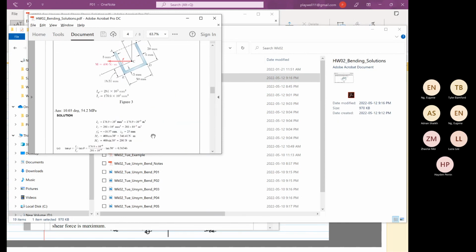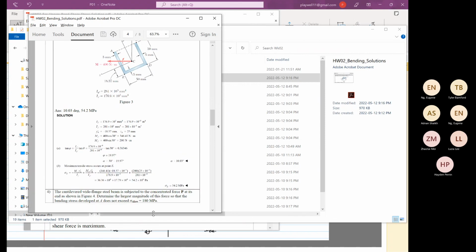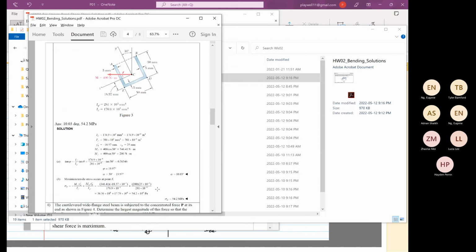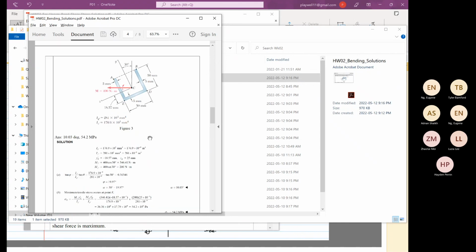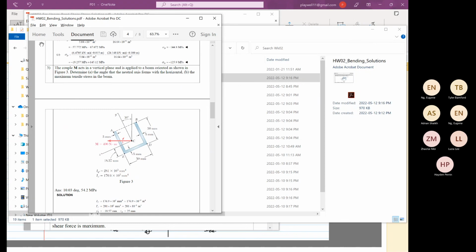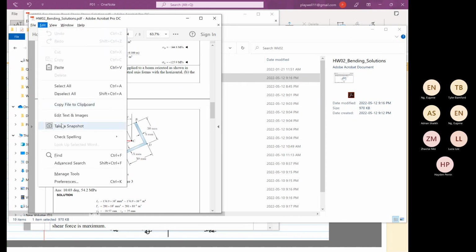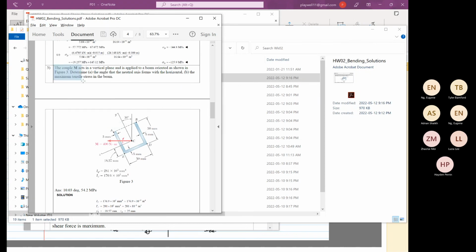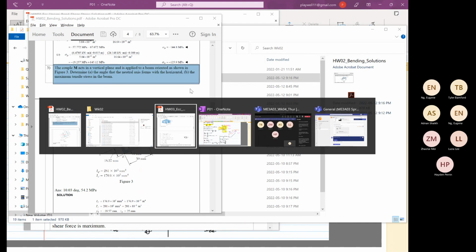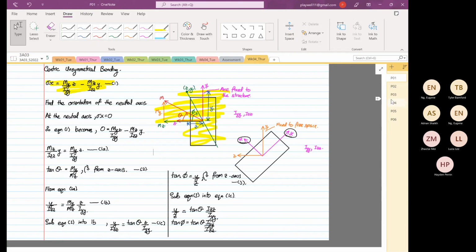Okay, so from here, let's look at an example from your homework. I think it's homework number 2. Okay, let's look at this example, and I'm not just going to look at this example, I'm also going to ask what if we change something, what will happen? Okay, so I'm going to take a snapshot of this.